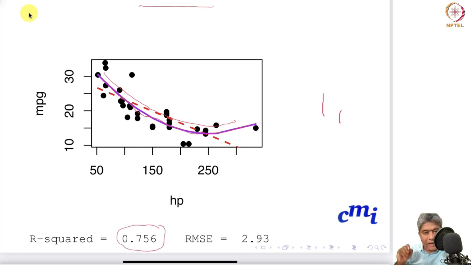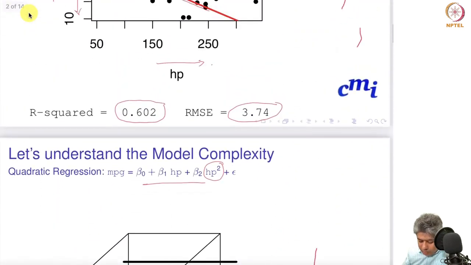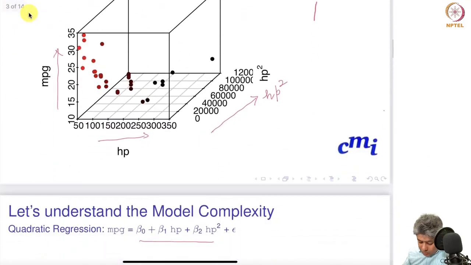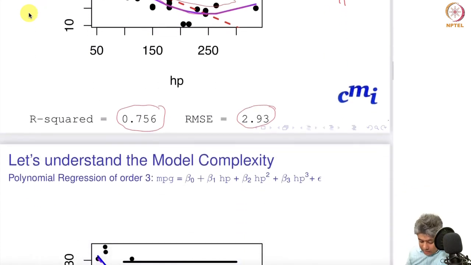Previously in the linear regression it was 60%, but with quadratic regression the R square has gone up to 75%, which is good news. The root mean square error has also gone down as expected, from 3.74 to 2.93, quite a bit of reduction.